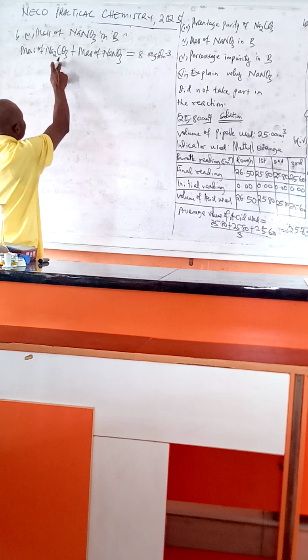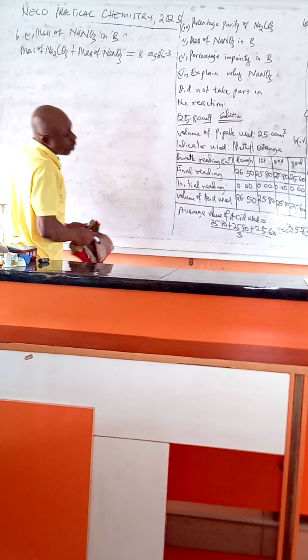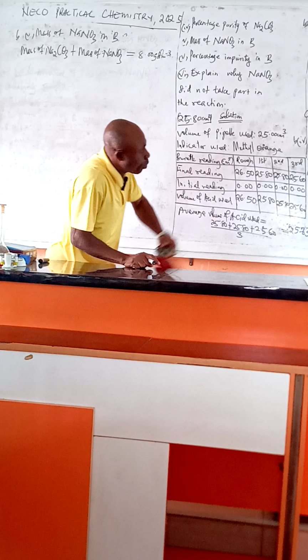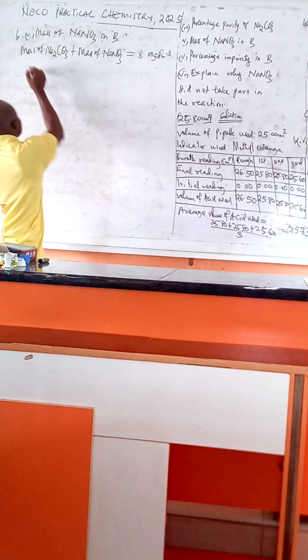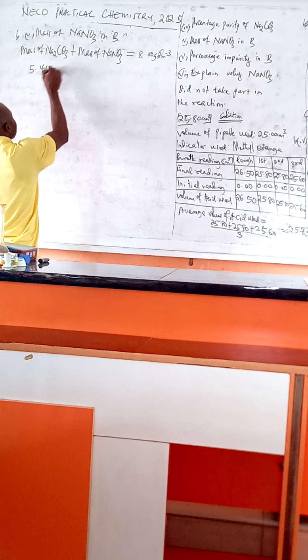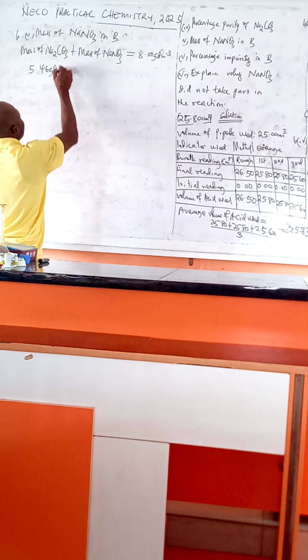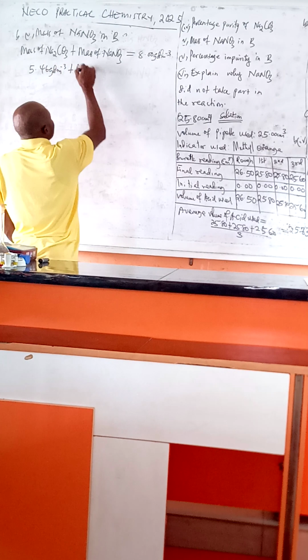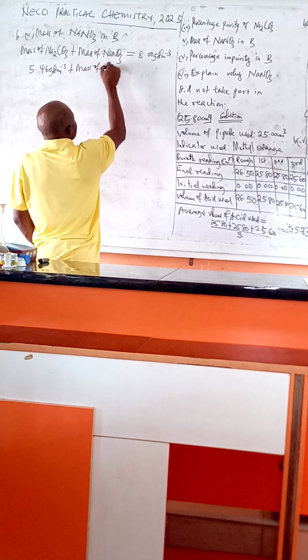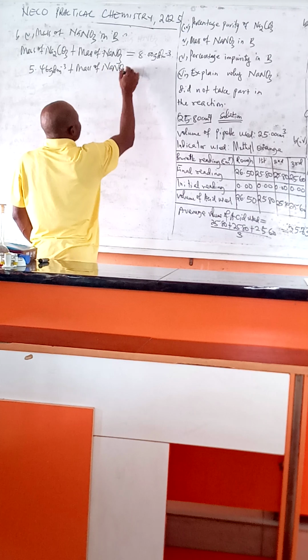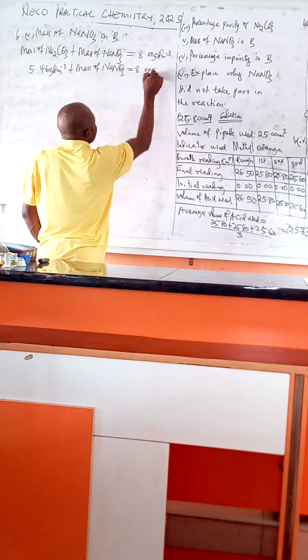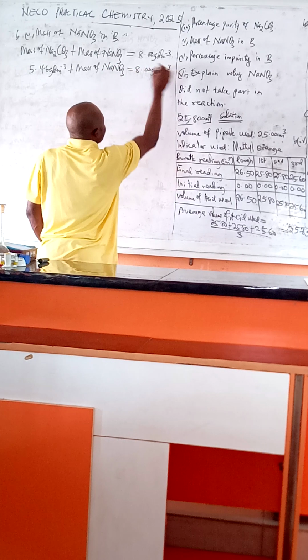And we have calculated the mass of sodium trioxocarbonate in gram per dm cube to be 5.46 gram per dm cube, plus the mass of sodium trioxonitrate 5, which is equal to 8.00 gram per dm cube.